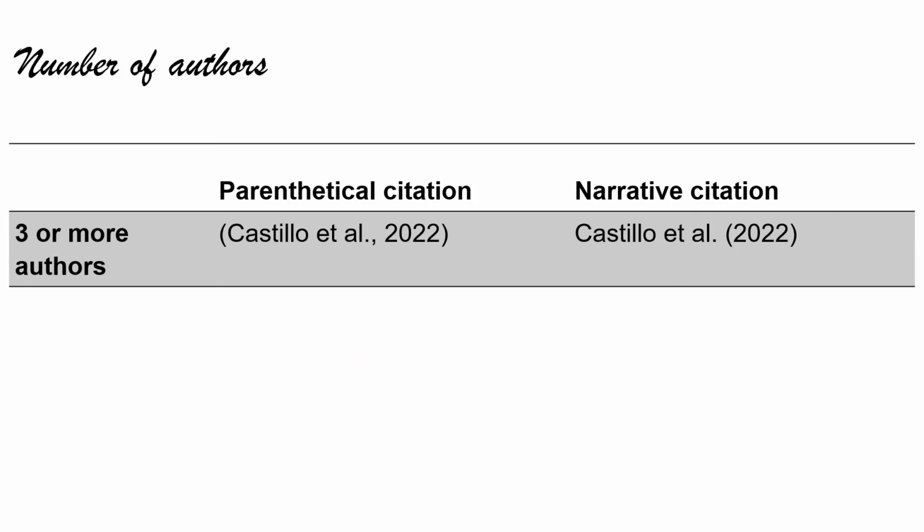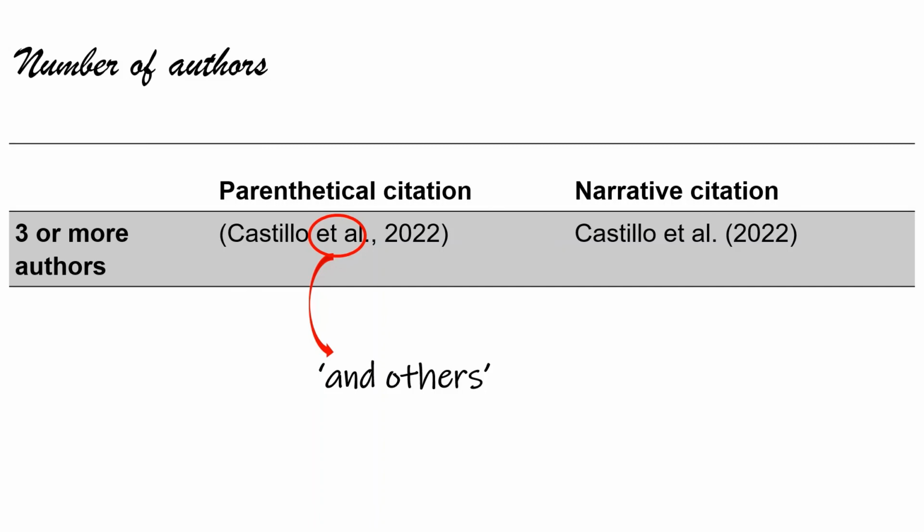If there are three or more authors, the main author or corresponding author should be written. In a parenthetical citation, add et al., which literally means "and others," period, and comma, then the year.